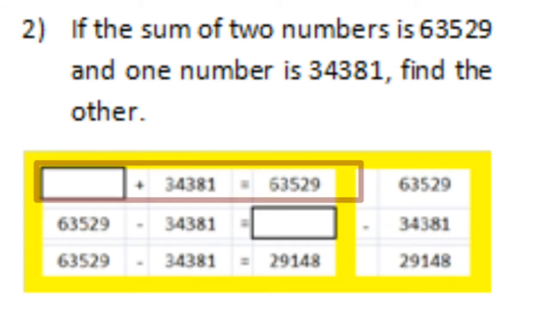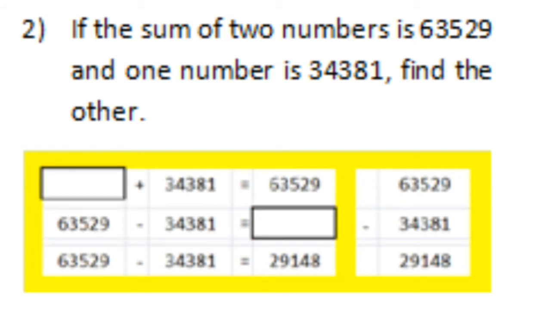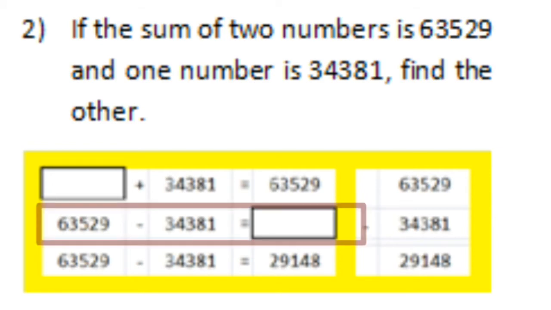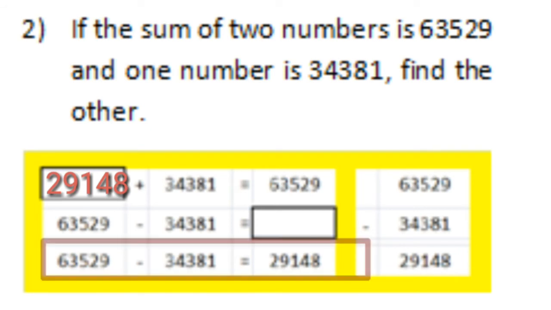So you see, missing number plus 34,381 equals the sum, that is 63,529. So the missing number is 63,529 minus 34,381. So the missing number is 29,148.